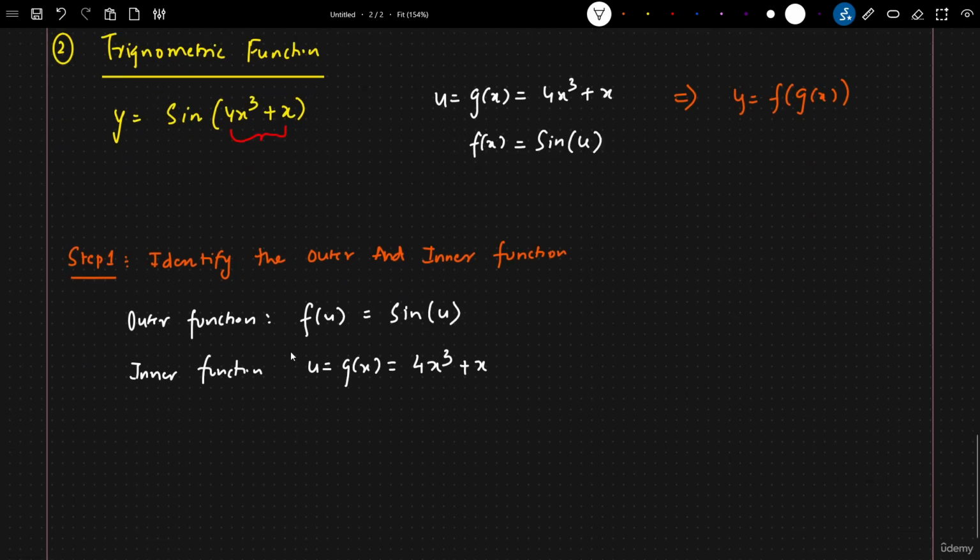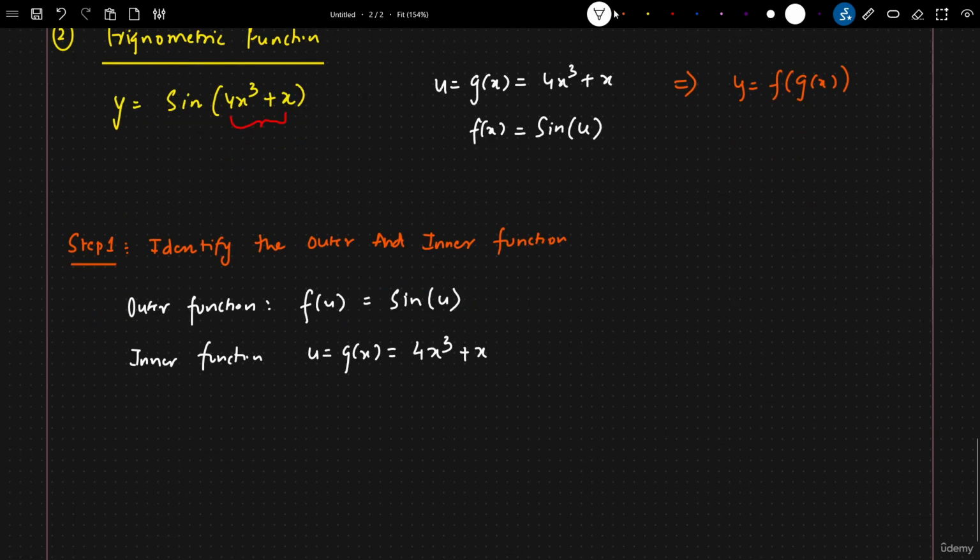Now I have to differentiate the outer function. So let's go to step 2. Okay, then step 3. So differentiate the outer function. Outer function differentiation is nothing but, how do I apply this? I will just go ahead and write f dash of u, which is also mentioned as df by du, which is equal to derivative of sine u. Derivative of sine u can be written as cos u, right? So this is a differentiation of sine u.